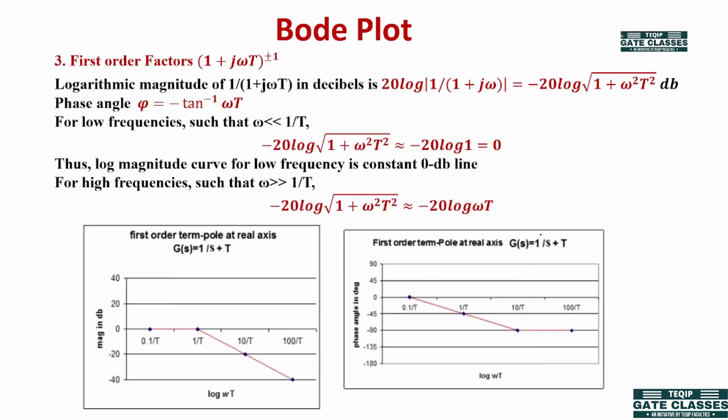So when we draw the Bode plot on this logarithmic graph, we get a 0 dB slope till omega c, which is equal to 1 by t, and after that the slope becomes minus 20 dB per decade, and our angle varies from 0 to minus 90 degrees.